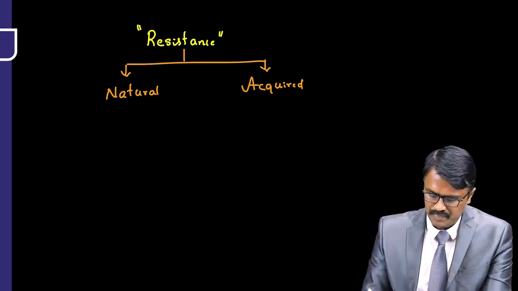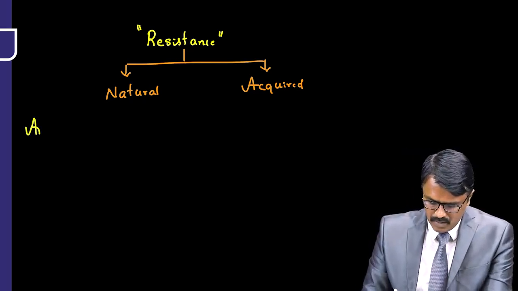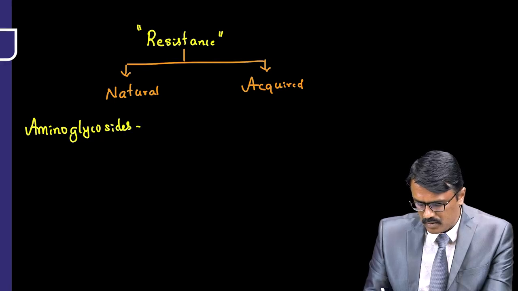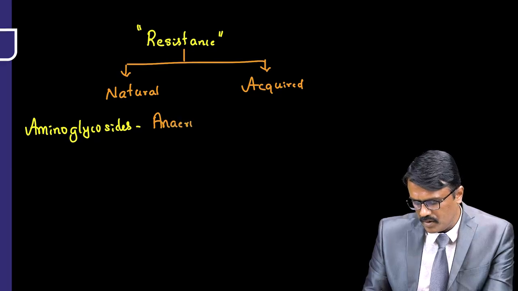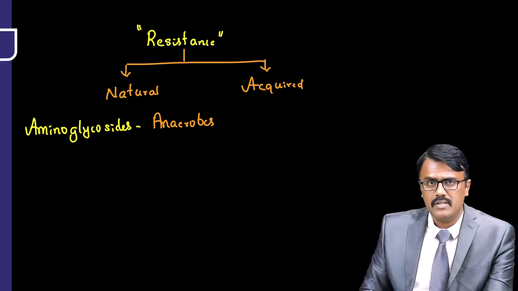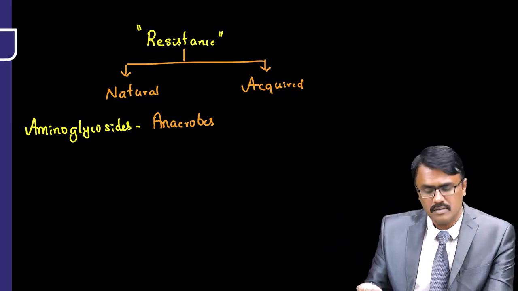For example, the drugs called aminoglycosides are naturally resistant to anaerobes. Why? Because aminoglycosides require oxygen to enter into the cell, and anaerobes don't have oxygen.